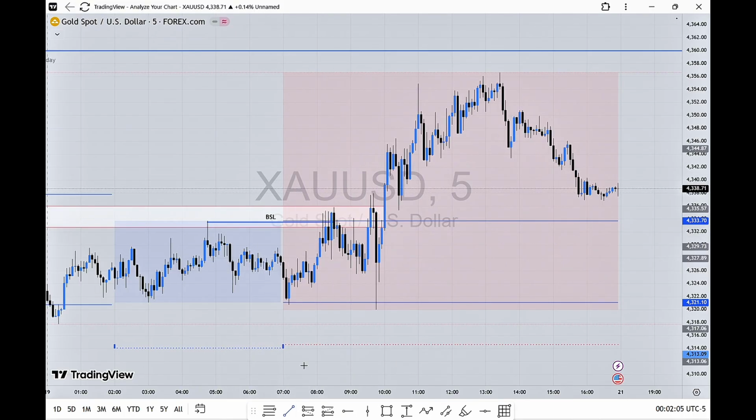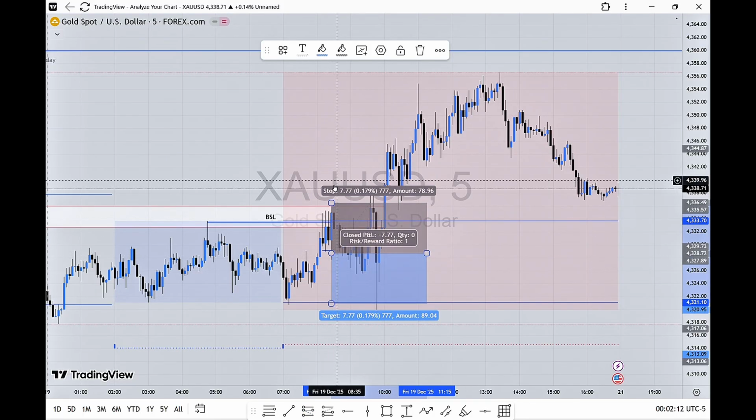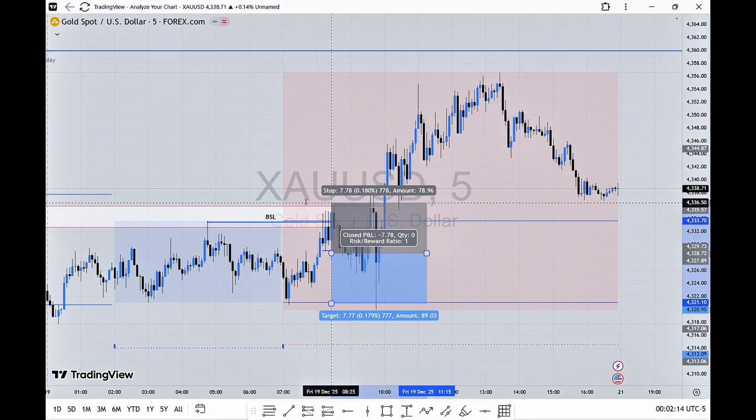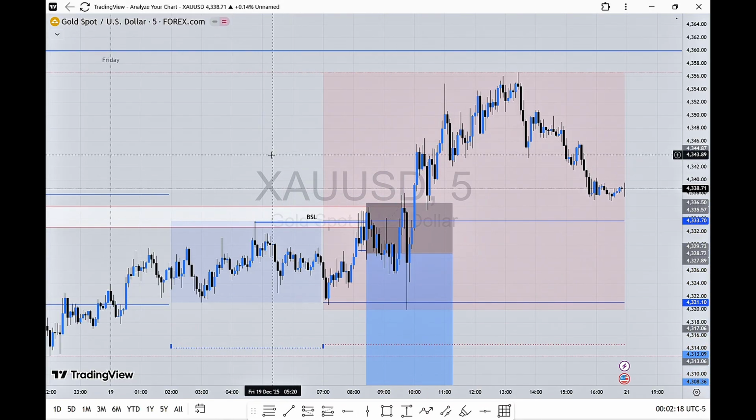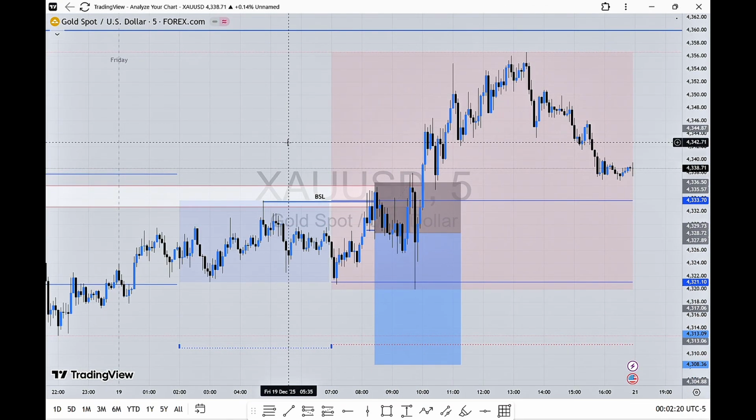As you can see, the market structure shift happened somewhere right here, and I entered for the sells just below the market structure shift. My stops were above these highs, and my TP was just below there. But as you can see, the market took me out as soon as I entered the trade, right? So that's how I lost the trade on Friday.